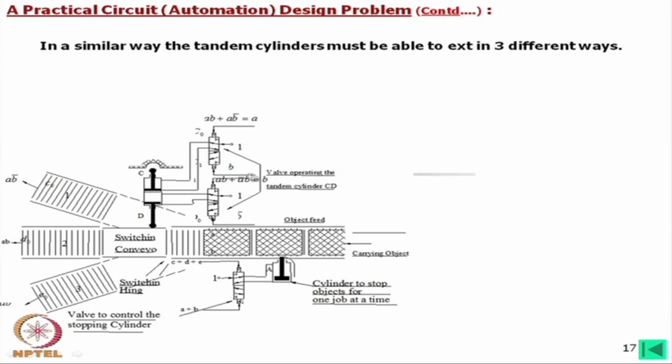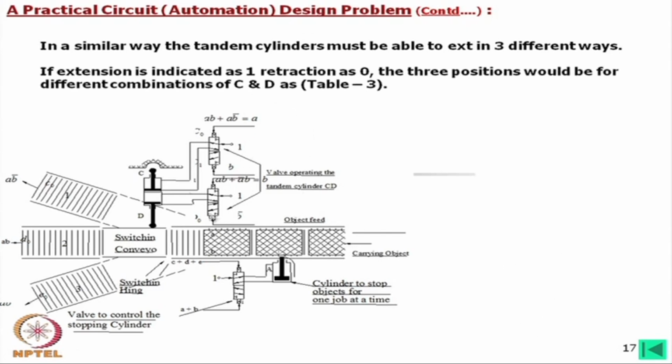These are operated by these functions A, B, already decided. Once it is decided, then these functions are performed. Once these functions are performed, we get these operations. That we will see. This mathematical part is not being shown in these slides, but we will see how the logic circuits look. If extension is indicated as 1, retraction as 0, the three positions would be for different combinations of C and D. Okay.